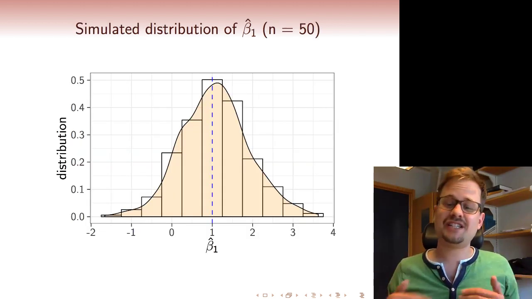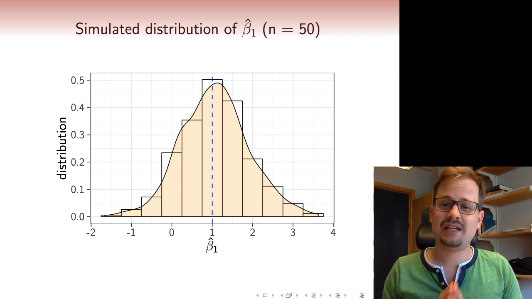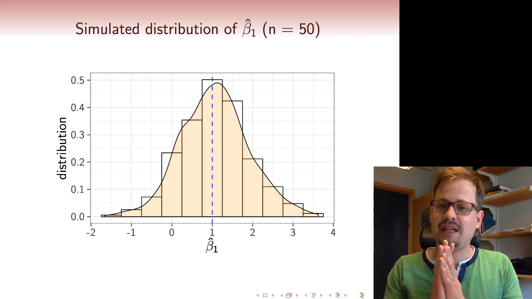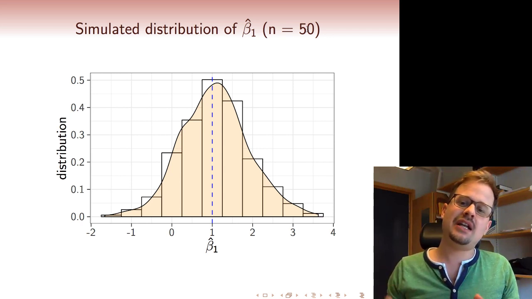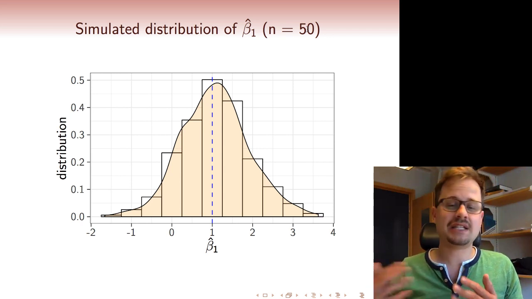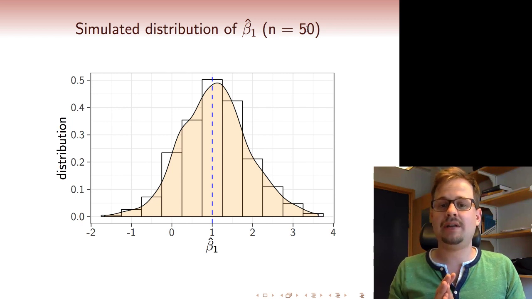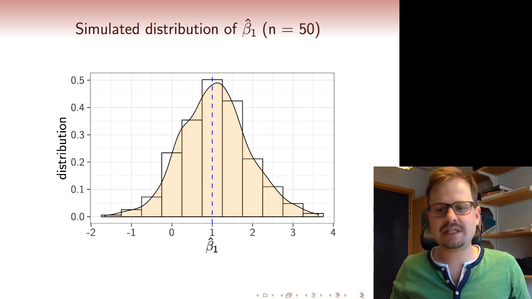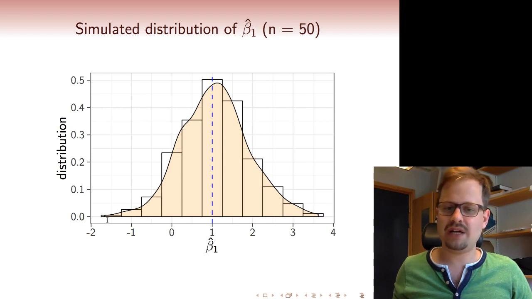I have conducted this simulation experiment for the population model that I specified, and I've set the sample size to n equal 50. Then I have computed lots and lots of estimates for lots and lots of different samples, 1,000 to be precise. All of these estimates were a little different, and they took values somewhere on this horizontal axis. What I've done here is I've drawn a histogram.